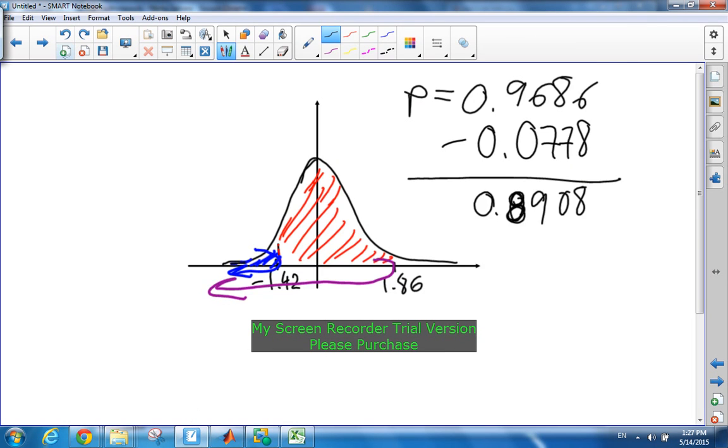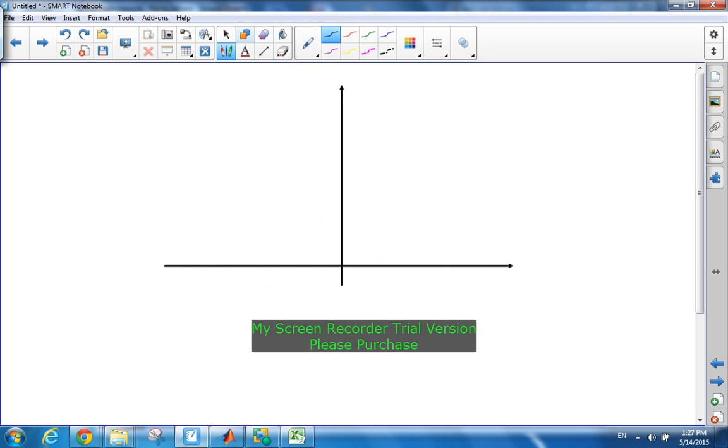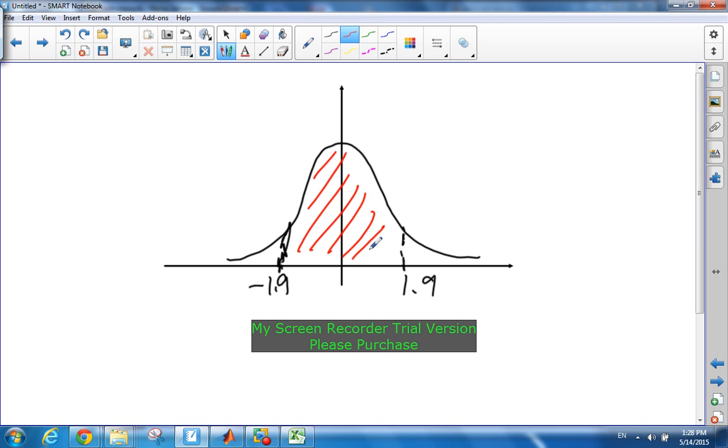We can again sketch the graph of the bell-shaped curve, and we have from negative 1.9 to 1.9. So find this probability and express it in percentages.